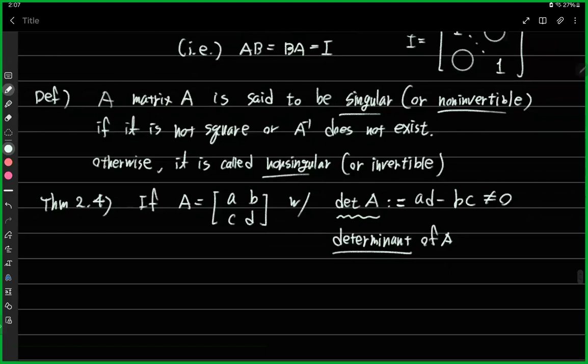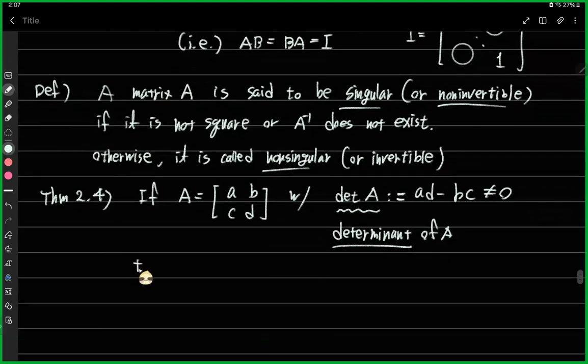Theorem 2.4 is talking about the inverse matrix of a 2 by 2 matrix. That was already formalized.